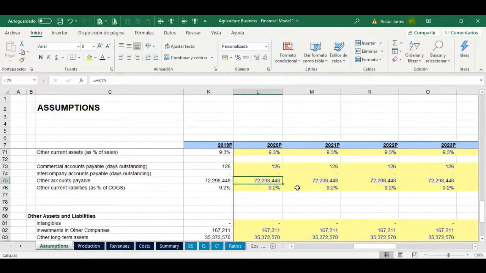So this number is significantly high because they have an issue with prior labor liabilities from several decades ago, and also with health contributions and AFPs. So this number is so high because of these labor liabilities, and that's actually very typical in the sugar production industry.